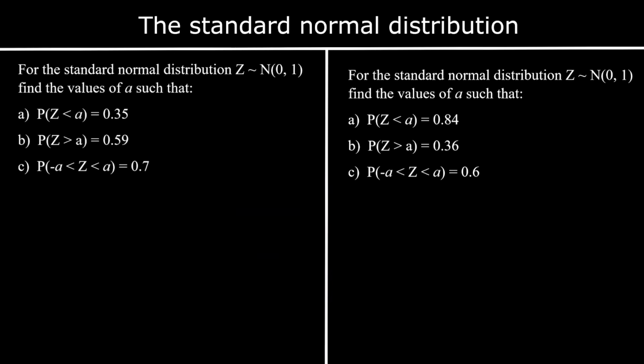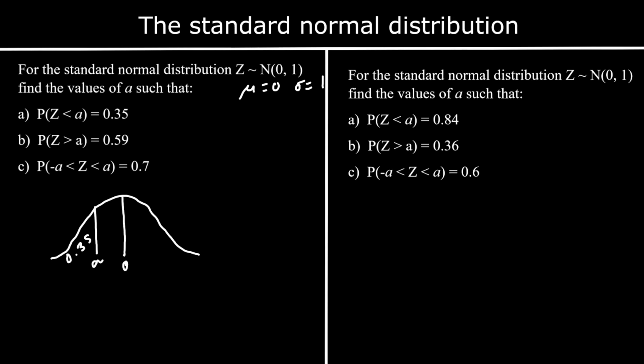Again, we've got a standard normal distribution. So our mean is 0, standard deviation is 1. We need to find the value of A so that the probability that Z is less than A is 0.35. So on our bell curve, we've got an area of 0.35. What is A?